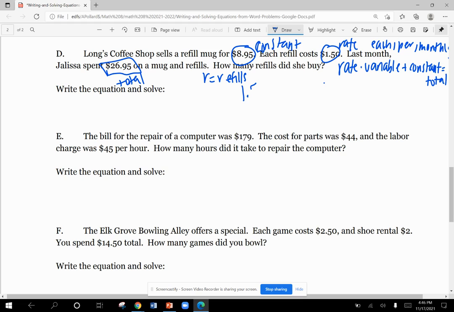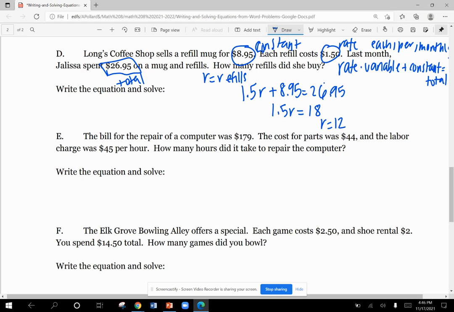So we always do 1.5 times our variable plus our constant equaling our total. That's supposed to be 8.95. We subtract, we get 1.5 R equals 18. Divide, we get R equals 12. So 12 refills is the amount she got for spending $26.95 along with buying her mug.